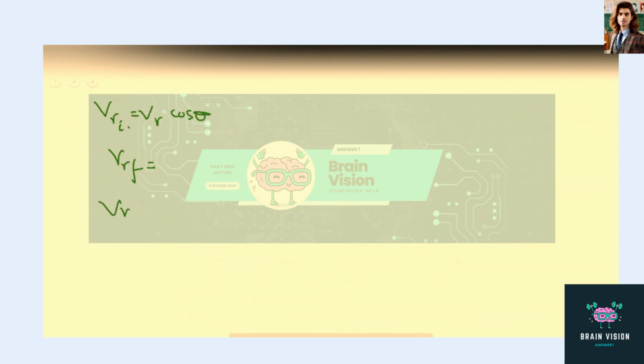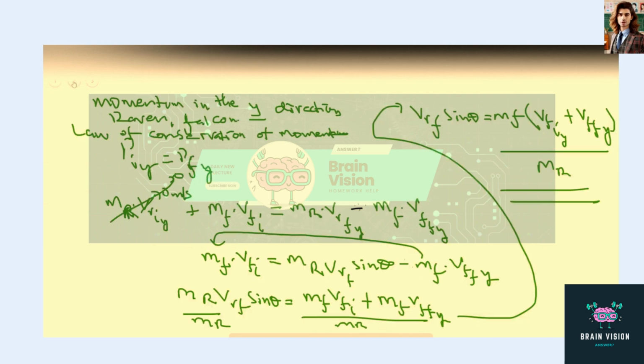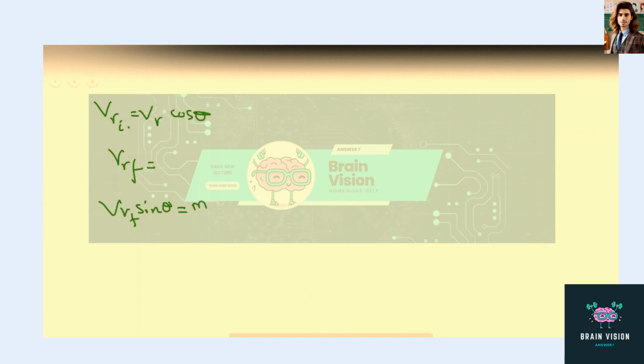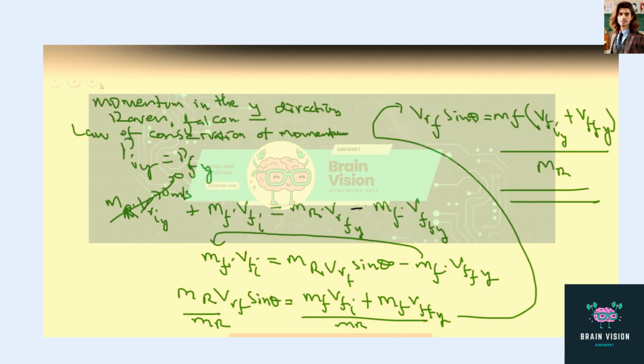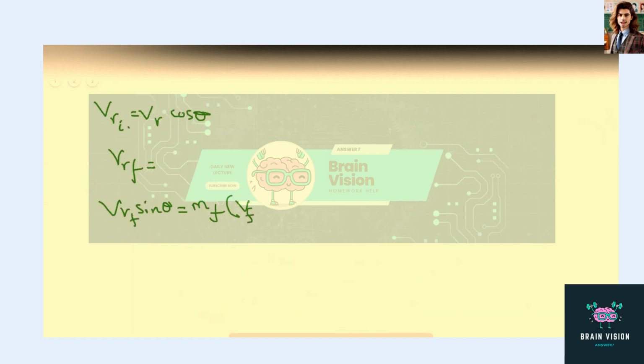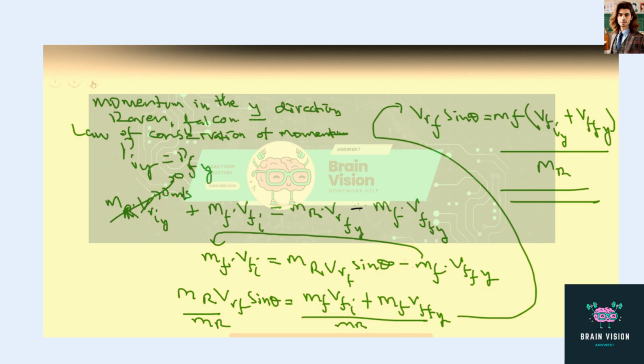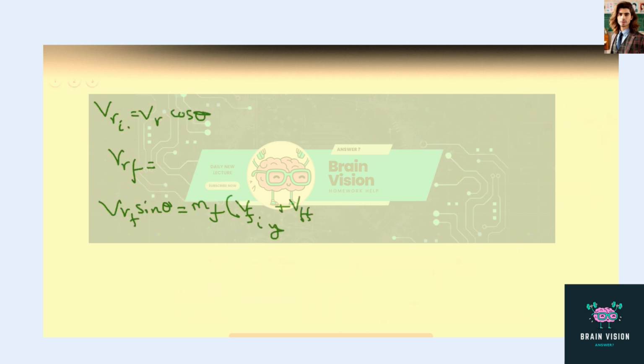So VR final sine theta equals the mass of the falcon times the initial velocity of the falcon in the y direction, plus the final velocity of the falcon in the y direction, over the mass of the raven. So this is kind of where we are right now.